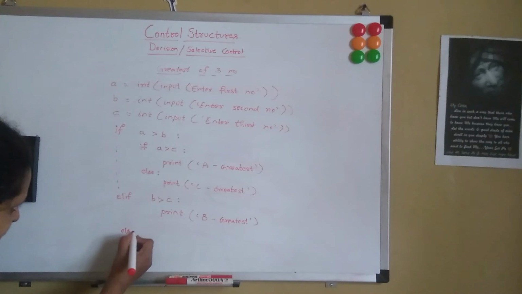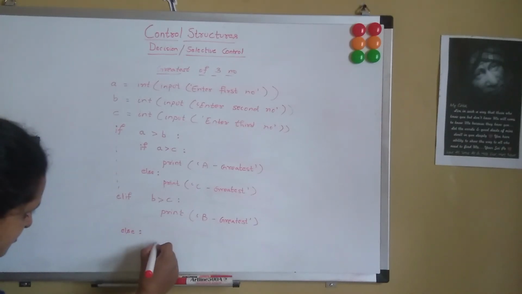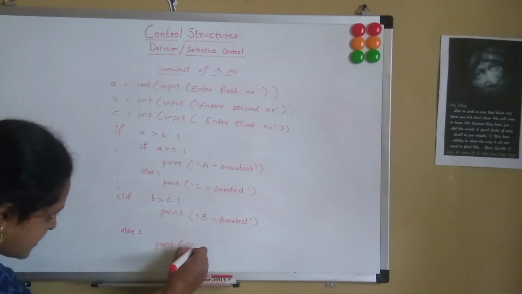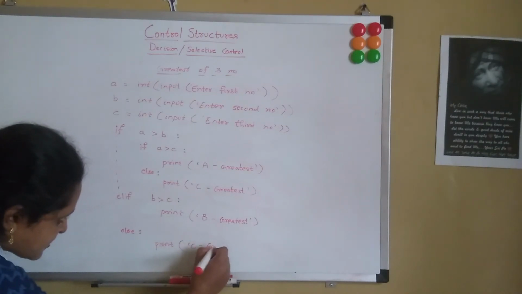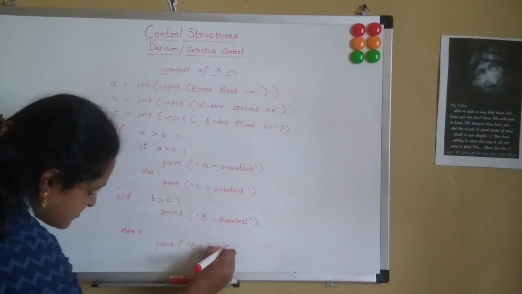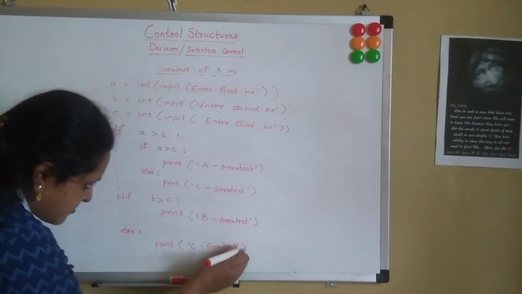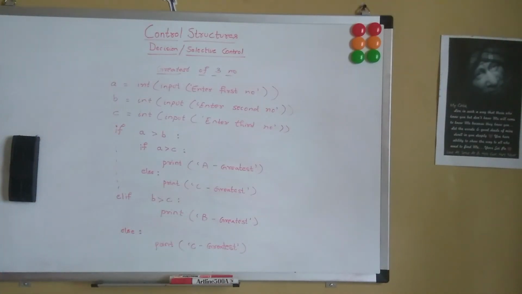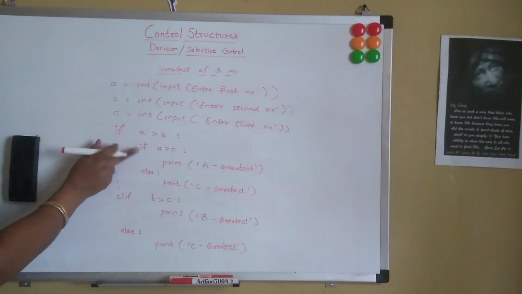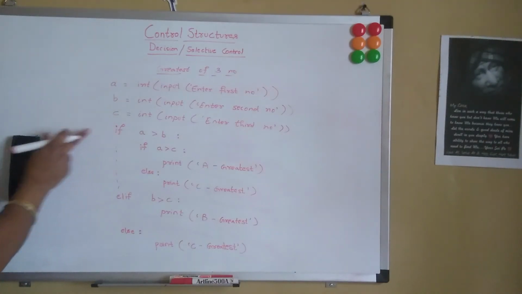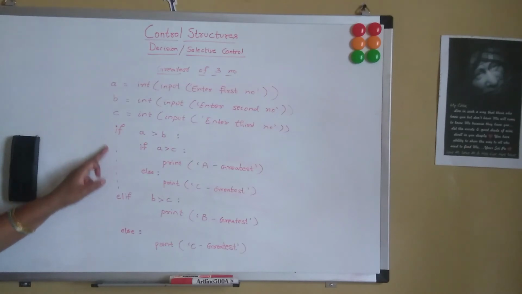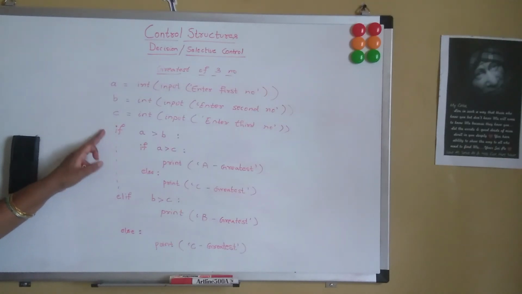Else print c greatest. So it's having if, elif, else, and also one if within another if. So it is an example for nested if and as well if, elif and else statements.